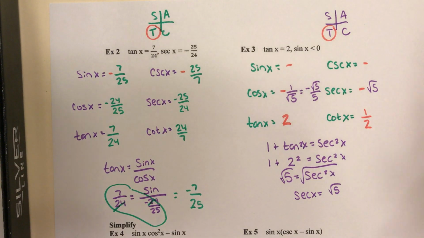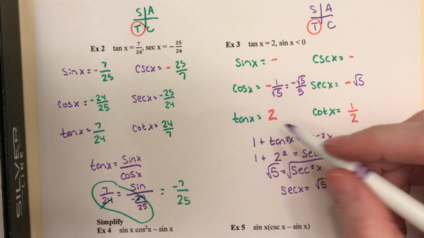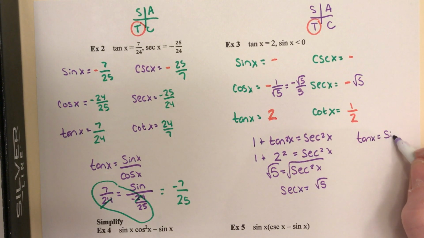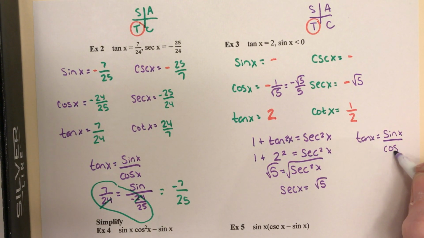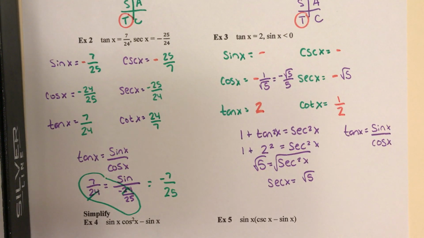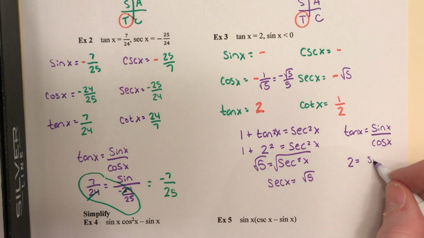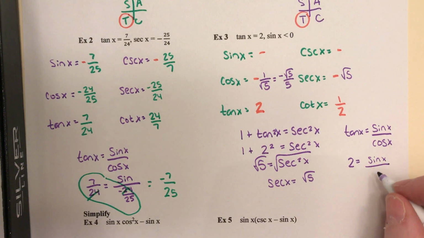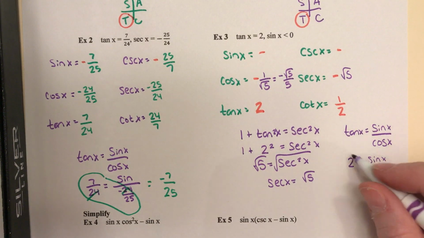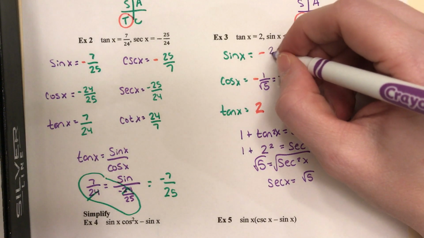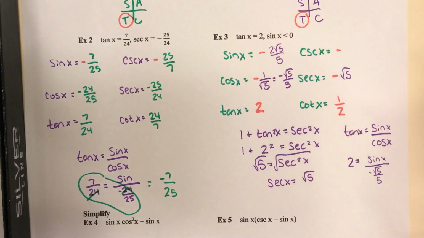Okay, last thing I need now, I need sine. So I'm going to use the property that tangent is equal to sine over cosine and plug in what I know. If tangent is 2, I don't know sine, but I know cosine is negative root 5 over 5. So if I cross multiply, that gives me negative 2 root 5 over 5.